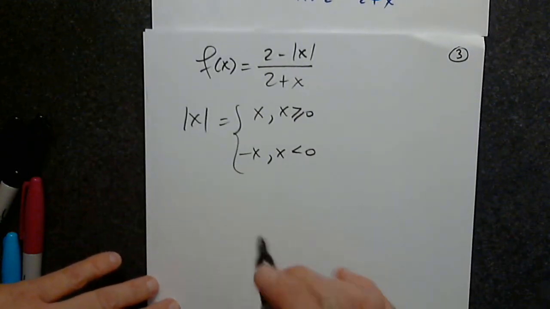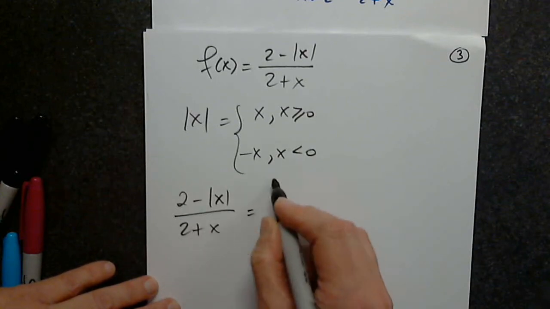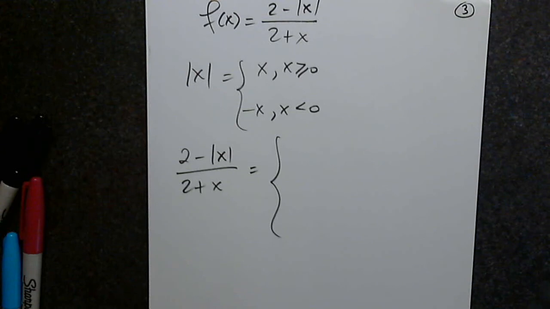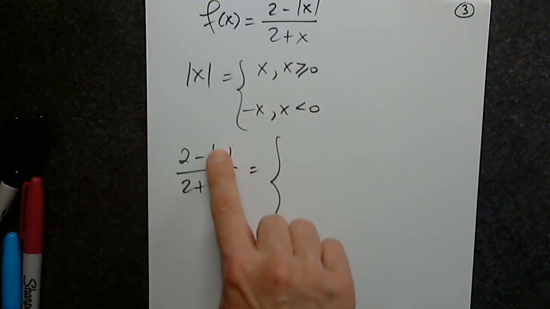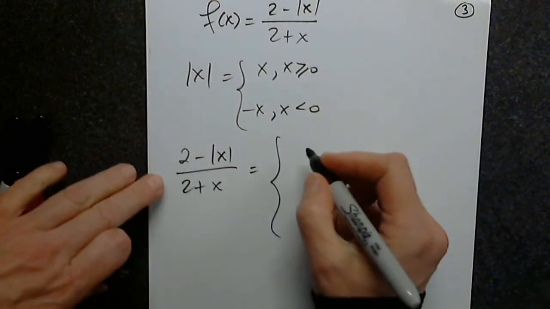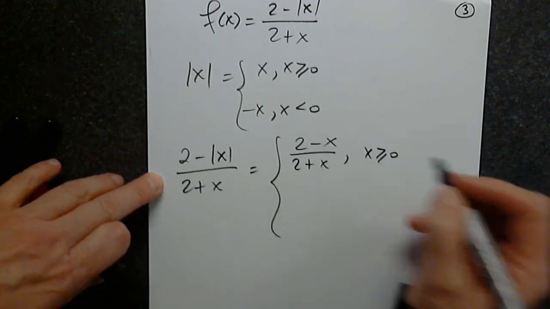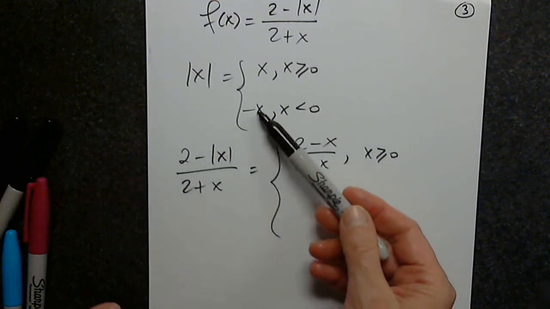Now we put the function together, 2 minus the absolute value of x over 2 plus x. When this is x, for x greater than or equal to 0, that's all I can do. There is nothing else for x greater than or equal to 0. Now, here's the second option.